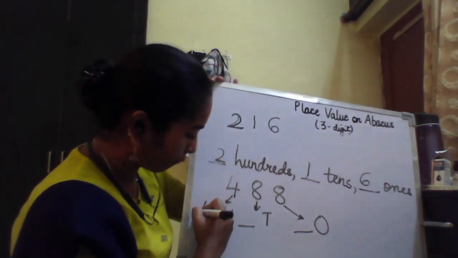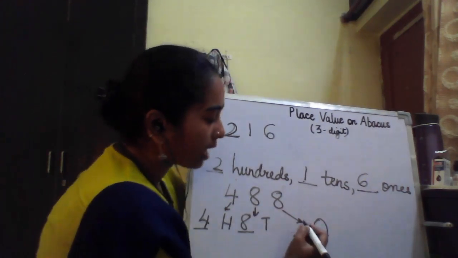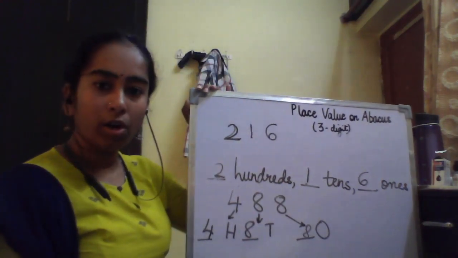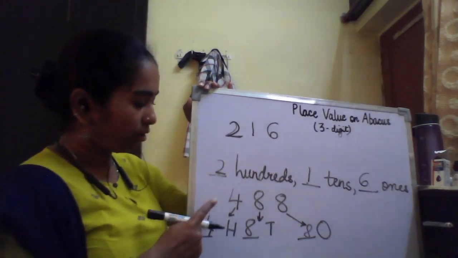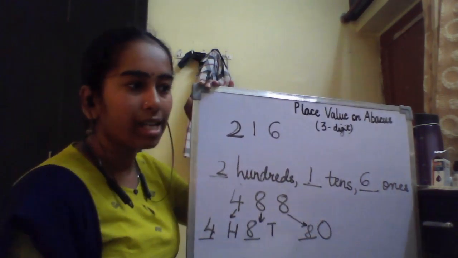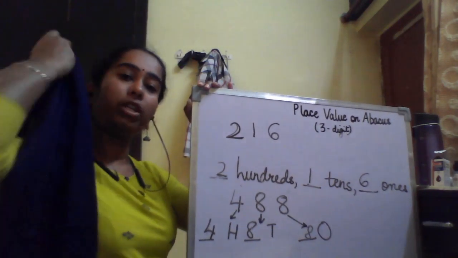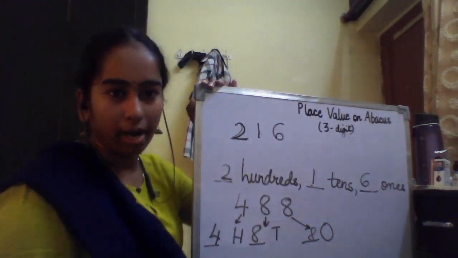Yes, you're right. 4. How many tens are there? 8. And how many ones are there? 8. Now you got it in a 3-digit number. Your first digit is hundreds, second digit is tens, and third digit is ones. Ma'am is going to give you a worksheet based on this today, and you have to do it.